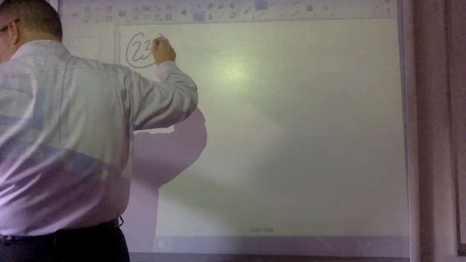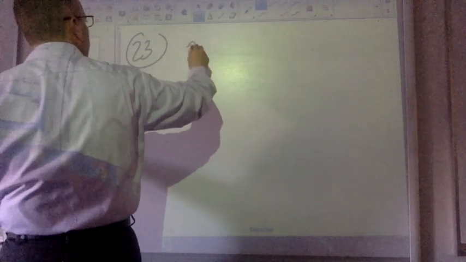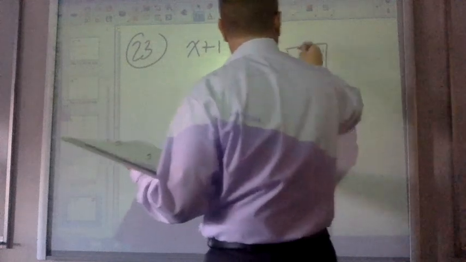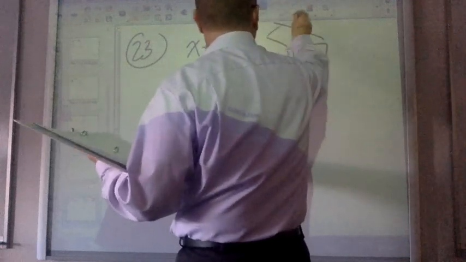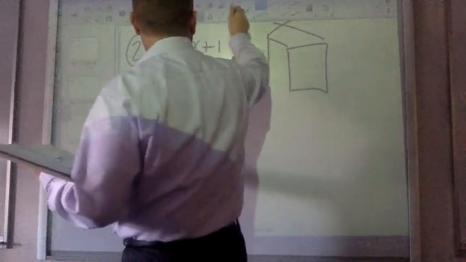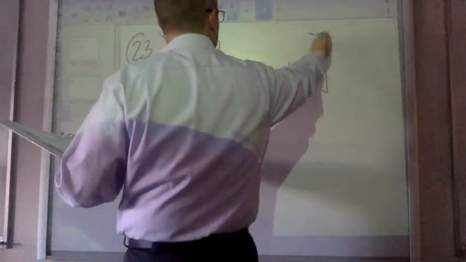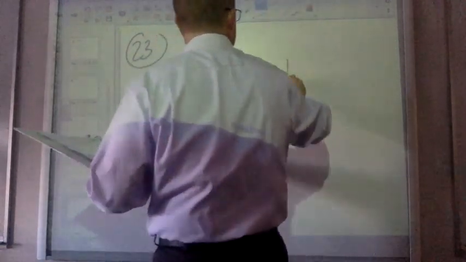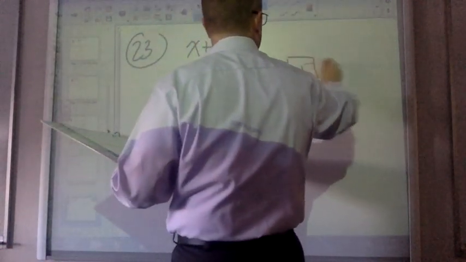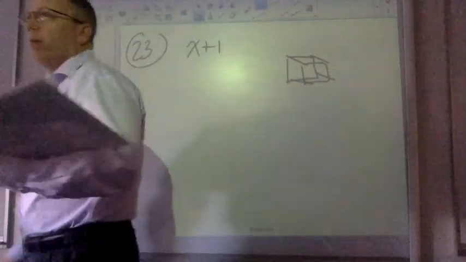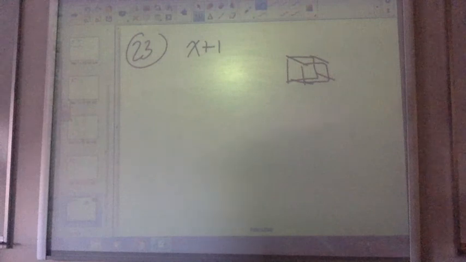Number 23. All right, so we have our poor excuse of a cube written up on the board.